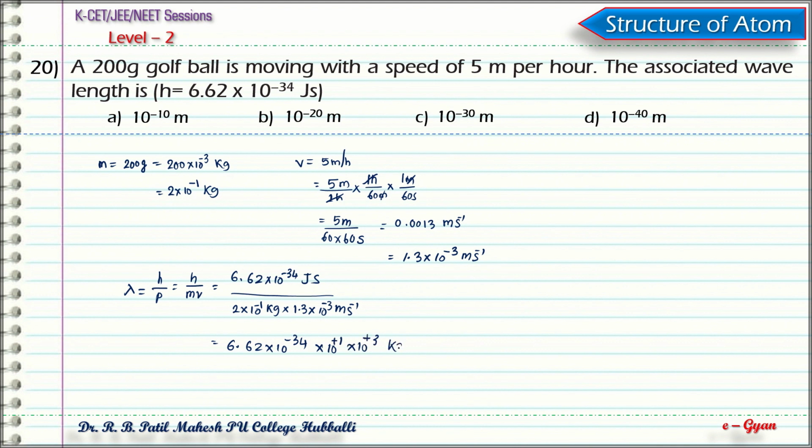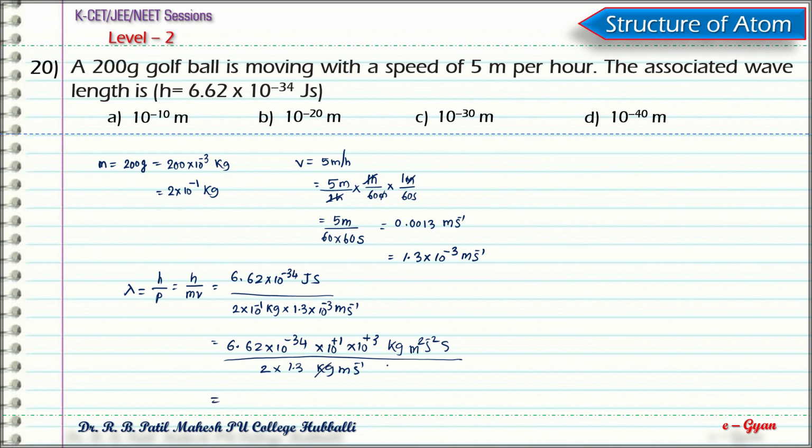Joule can be converted into kg meter square per second square, second as it is, divided by 2 into 1.3 kg meter per second. We need the answer in 10th power only, so we can get the answer here itself.